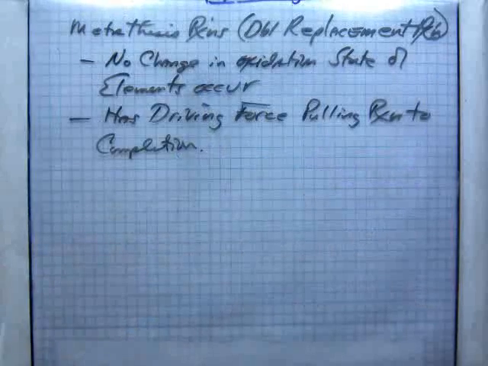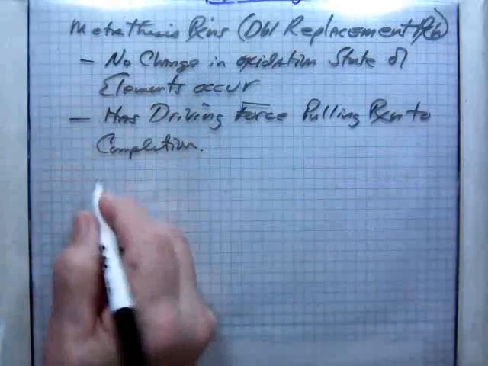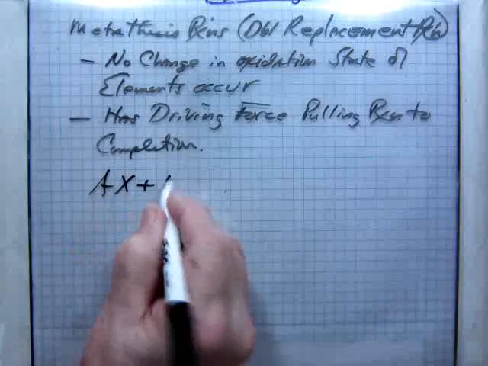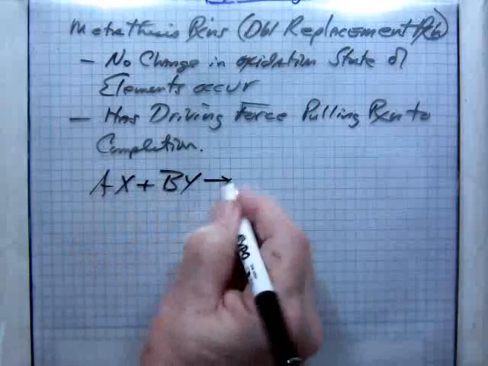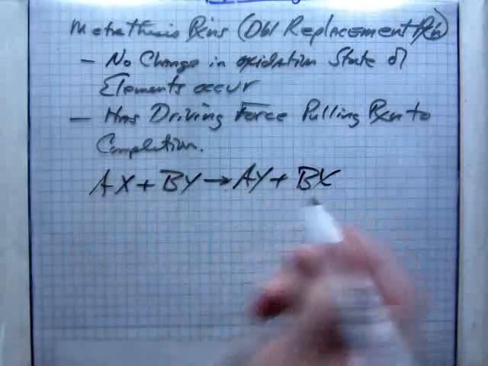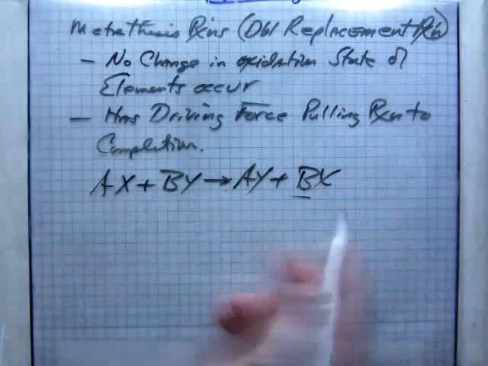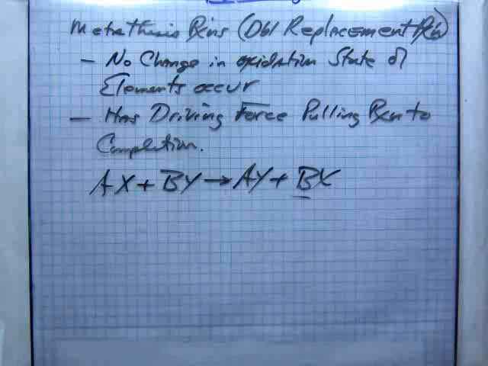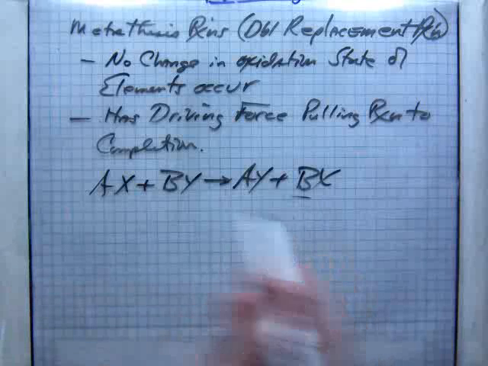The empirical form of a metathesis is AX plus BY goes to AY plus BX.